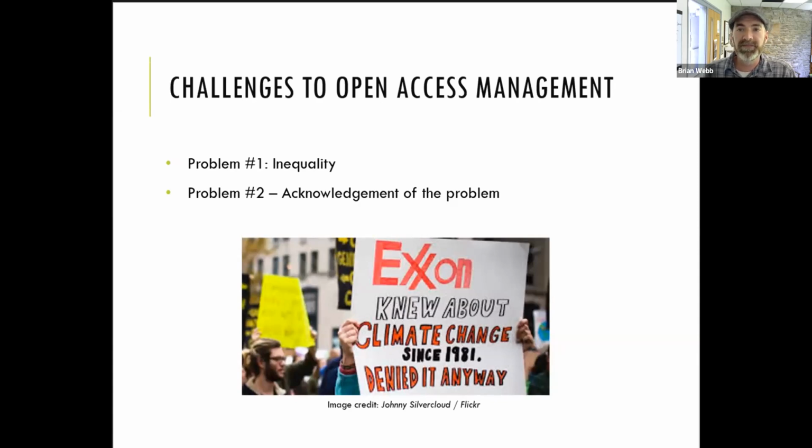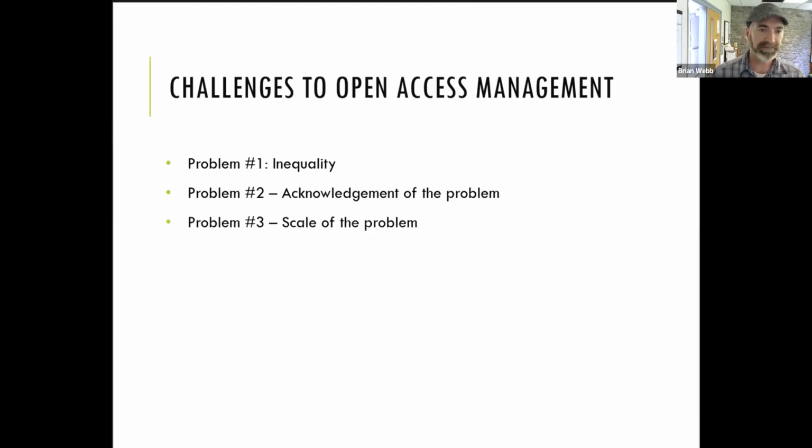And now all of a sudden, you haven't even gotten to the question of how to manage an open access problem, because there are a lot of people saying that it's not actually a problem to begin with. So there's sometimes an economic incentive for obfuscating the problem or making it more difficult for people to know what to do about it. The scale of the problem matters too: obviously the bigger the problem, like global commons issues, the more difficult it is.